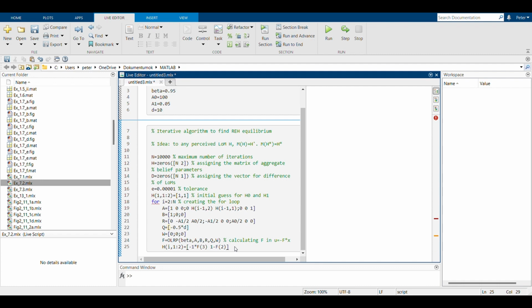This is the simple calculation we performed in the previous step at the blackboard. So this is the way how we make the firm representative.